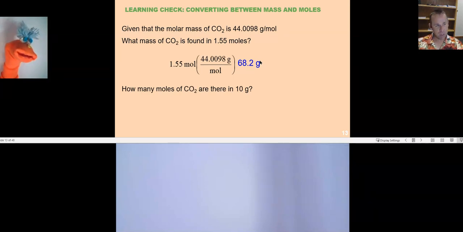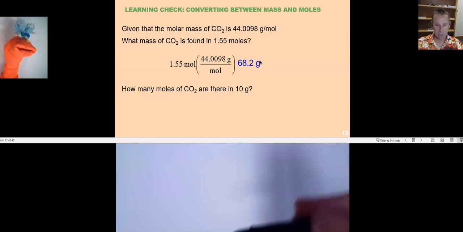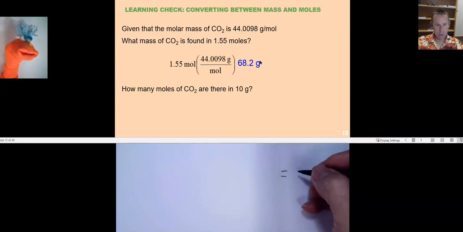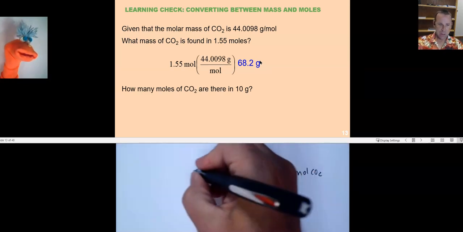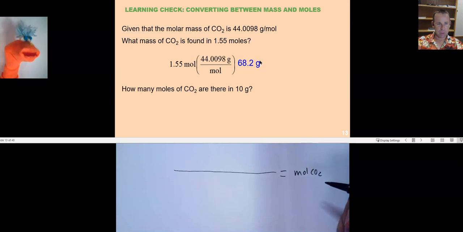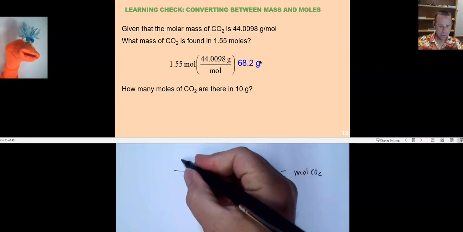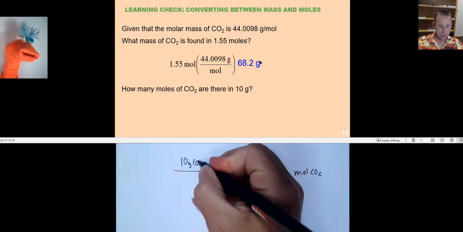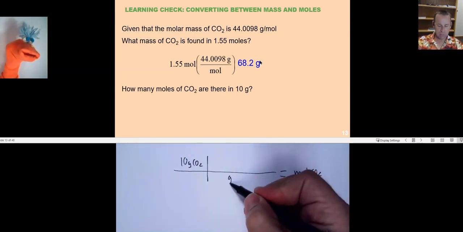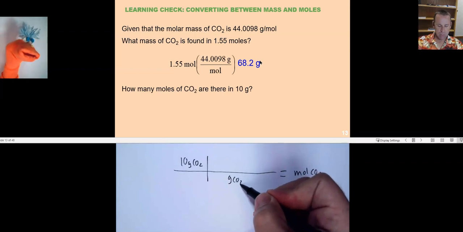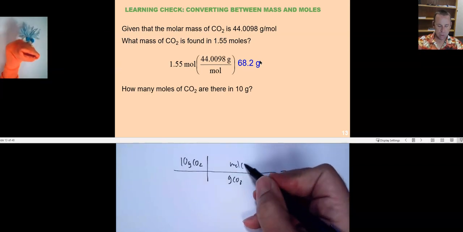So we start off with what? What goes to the right of our equal sign? I want moles of carbon dioxide. And then I start off with what? Grams of carbon dioxide. So I have 10 grams of carbon dioxide. They told me 10 grams, I want moles, and now I can use my conversion factor here to go from grams of carbon dioxide to moles of carbon dioxide.